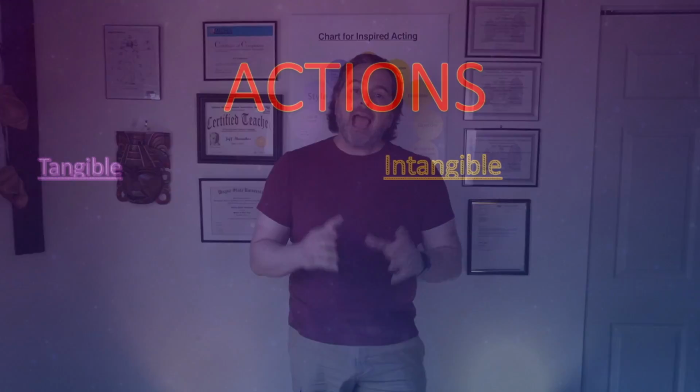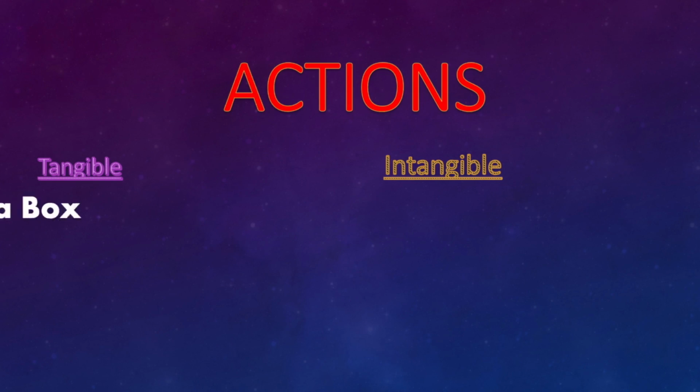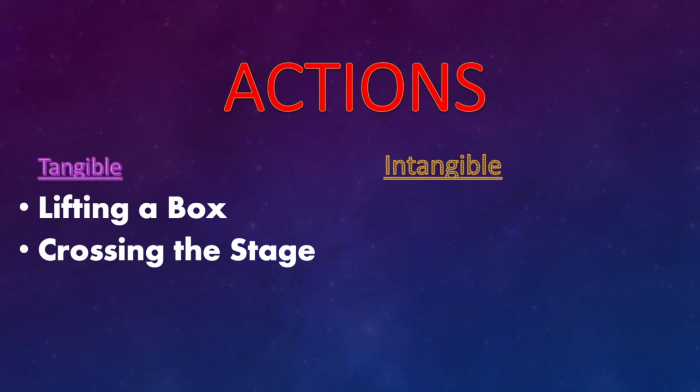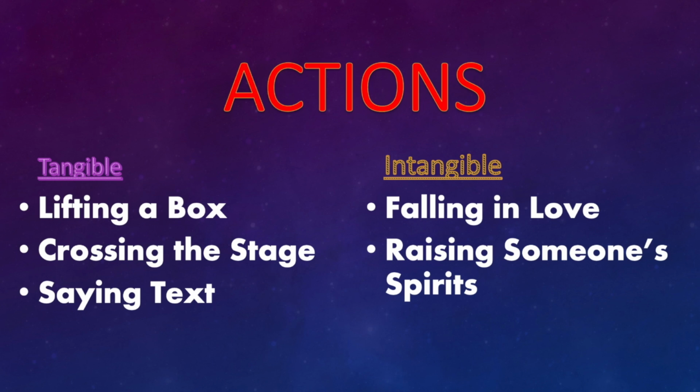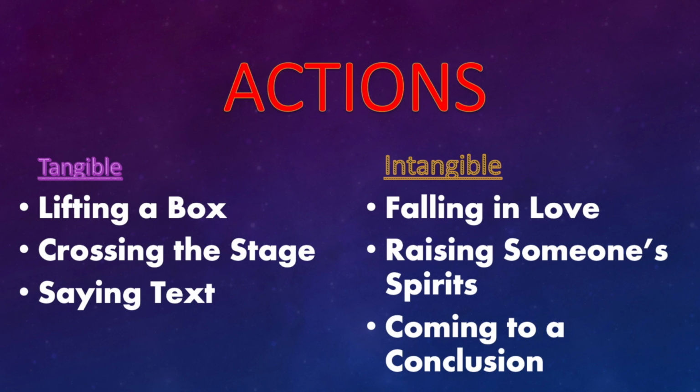And we do this through our actions. An actor performs. To perform means to execute an action, to do something. An actor is always doing something, executing actions. Actions can be tangible, like lifting a box or walking across the stage or saying a bit of text, and actions can be intangible, like falling in love, raising someone's spirits, or coming to a conclusion.